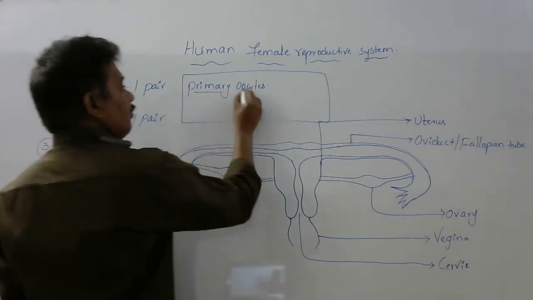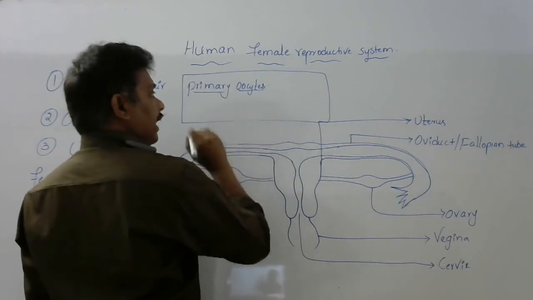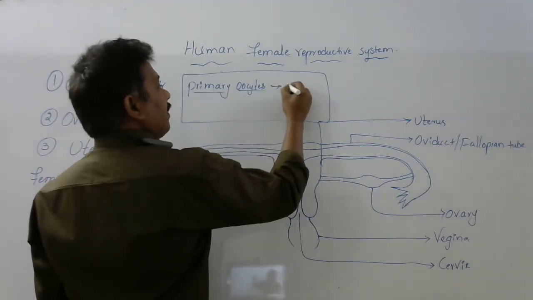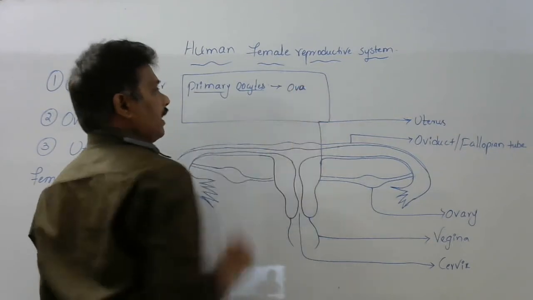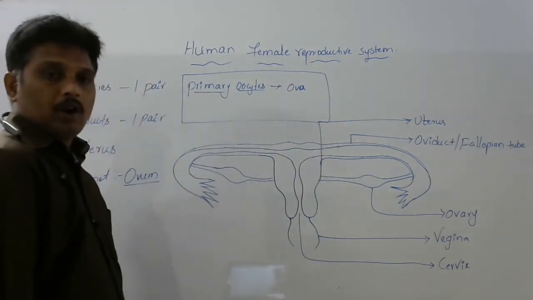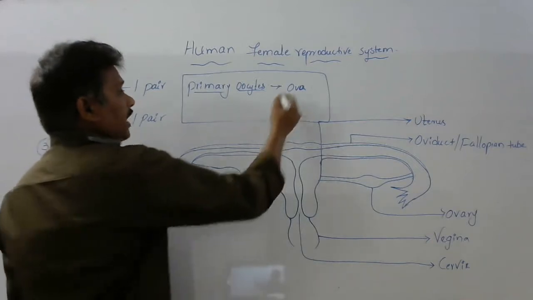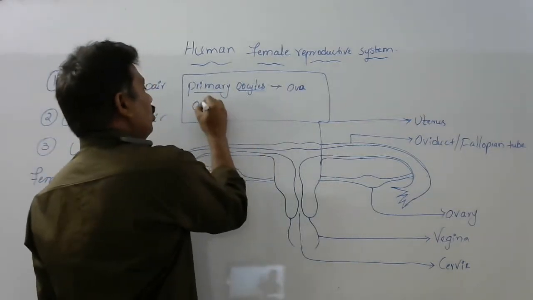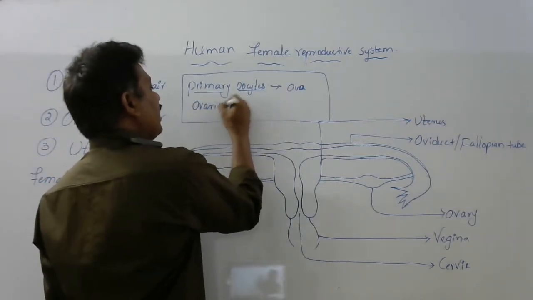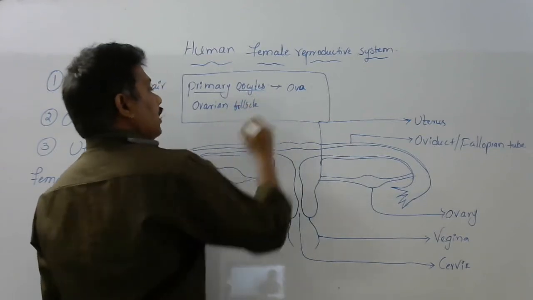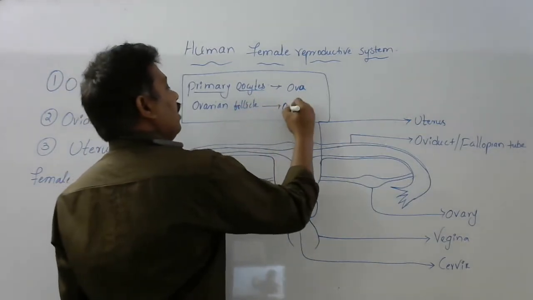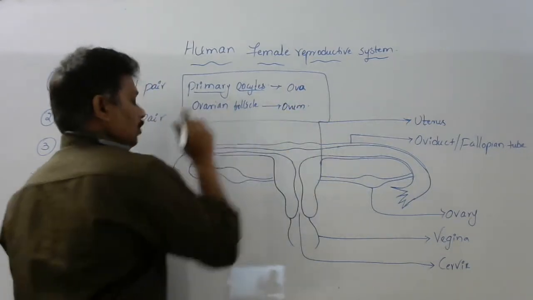These primary oocytes later develop into the female gamete, the ovum. First they develop into an ovarian follicle. Inside this ovarian follicle, the ovum is present.